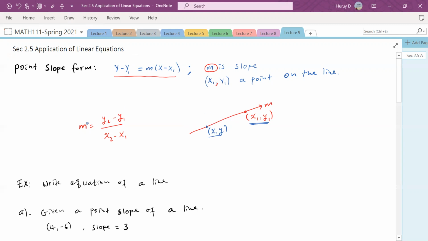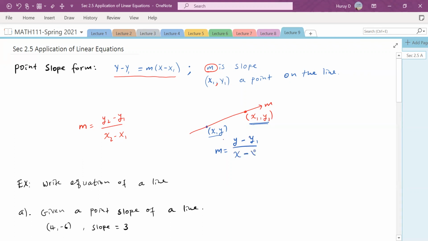Now let's apply this rule. I will take (x, y) as (x2, y2), and the given point as (x1, y1). So based on this formula of a slope, the slope of this line will be m equals y minus y1, instead of y2, just y, over x minus x1, instead of x2.